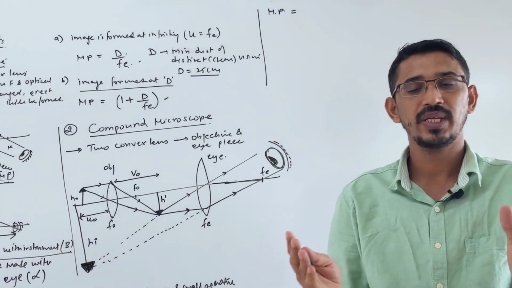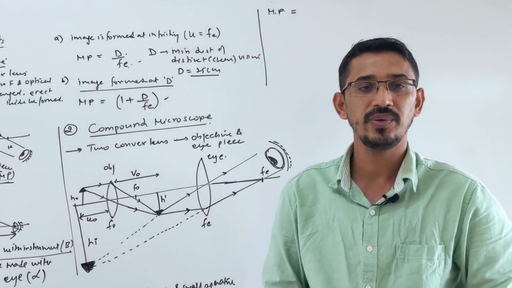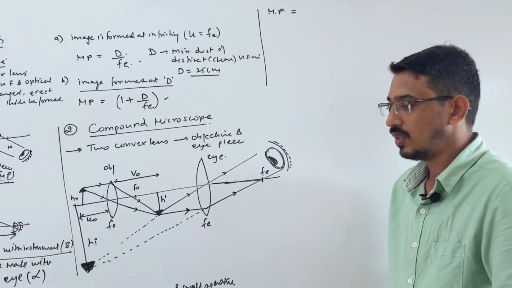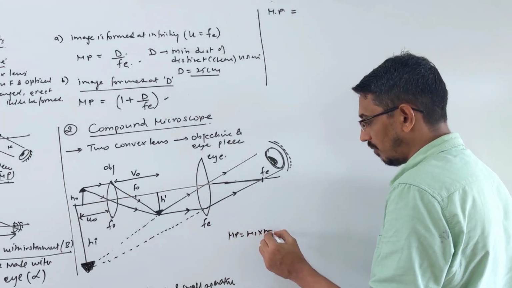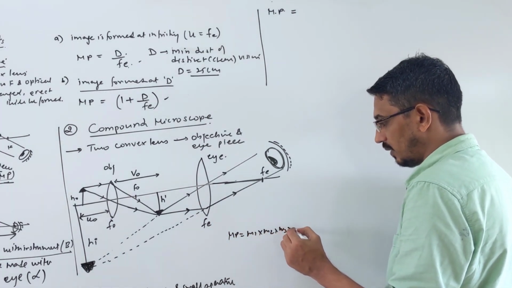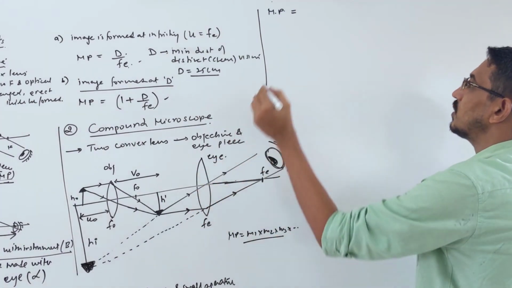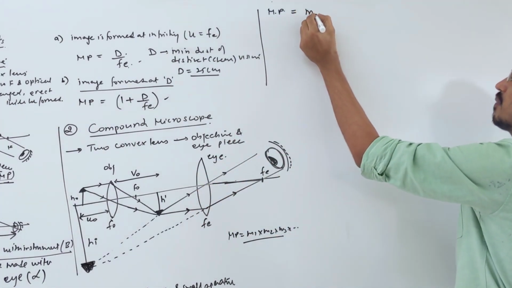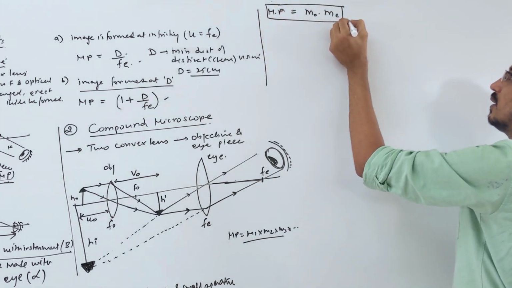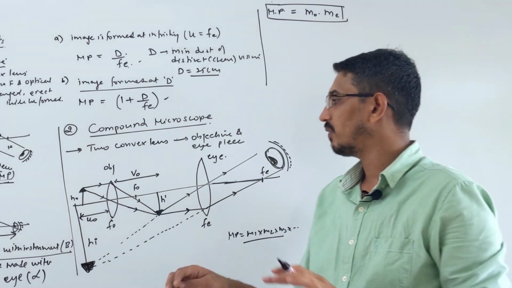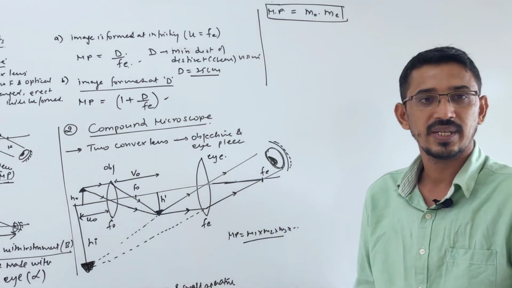If you have two lenses placed close, the net magnifying power is simply the multiplication of the individual magnifying powers. For three lenses placed close, the net magnifying power is M1 into M2 into M3, and so on, if they are placed close enough. Here we have two lenses, so the net magnifying power is M naught into ME, the magnifying power of the objective lens times the magnifying power of the eyepiece.